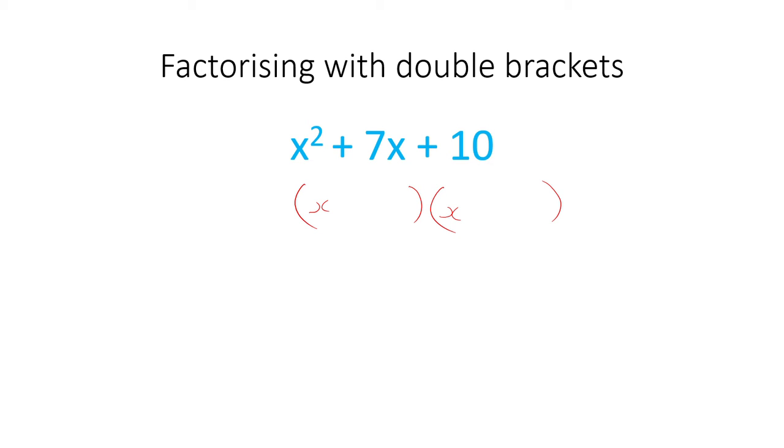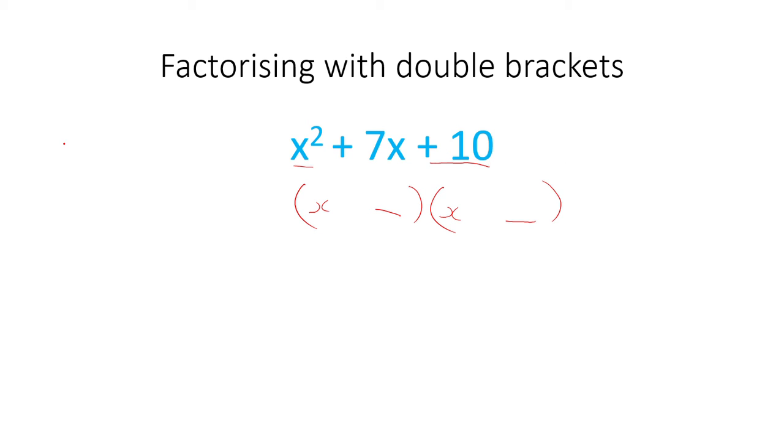The reason I know I can do that is that to get this x squared term, I'm going to get that using x times by x. Now the only thing to figure out is what number goes here and what number goes here. And this is the tricky part. To figure out those two numbers, first we need to think about two numbers which multiply to give you plus 10.